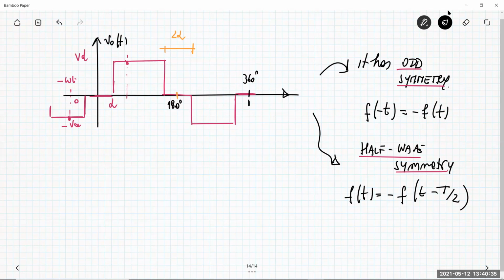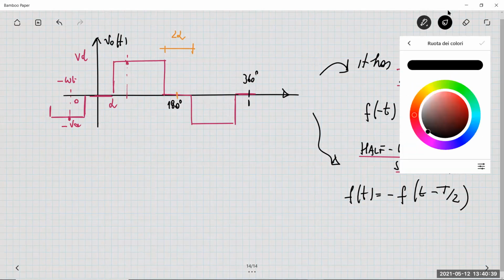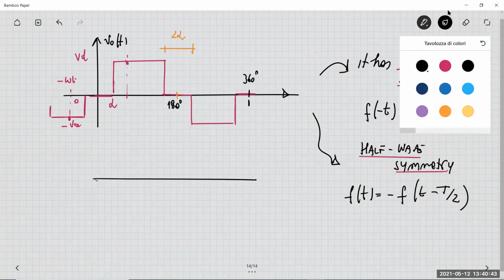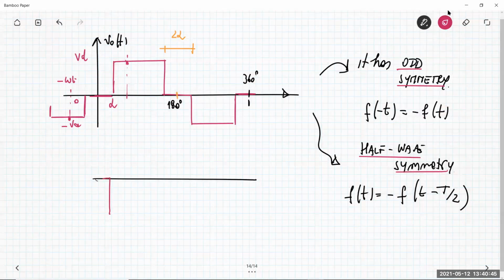Reverse this, and I get something like this, minus f(t).